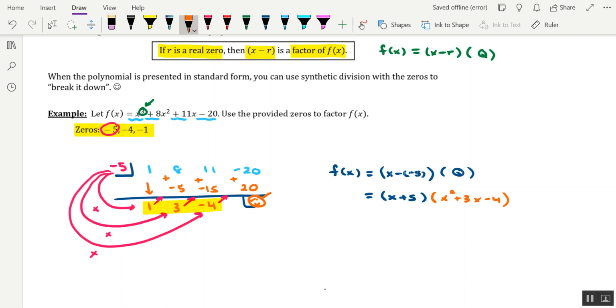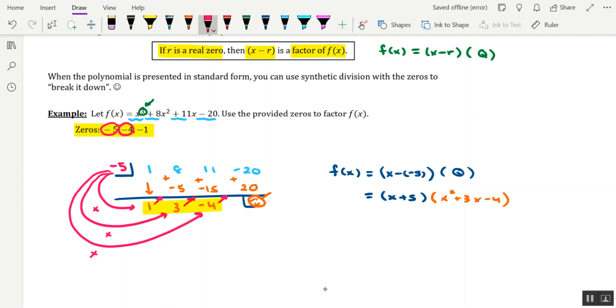In some cases it won't factor by hand, in which case you'll have to use the quadratic formula to help you figure out what the zeros are, in which case you could turn those into factors. Or if you want to use one of the other zeros from the list to break down this quadratic factor, that works as well. And that's what I'd like to do.